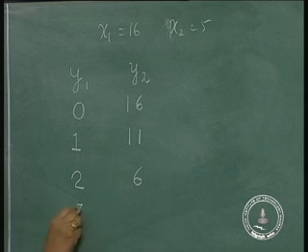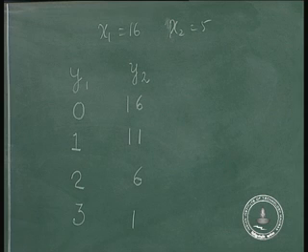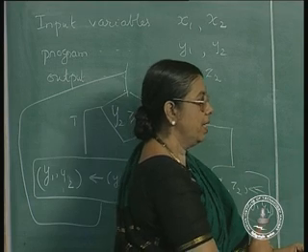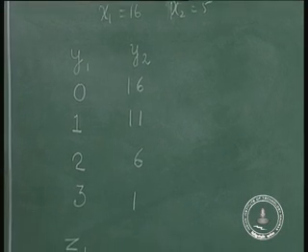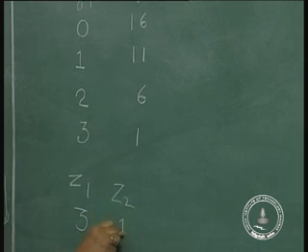So, you add 1 to y1 and subtract x2 from y2. So, now this is the value. Now, when the control reaches the test point, you know that y2 greater than or equal to x2 is not satisfied. So, you have to take the false exit, and in that case z1 will be assigned the value 3 and z2 is assigned the value 1.